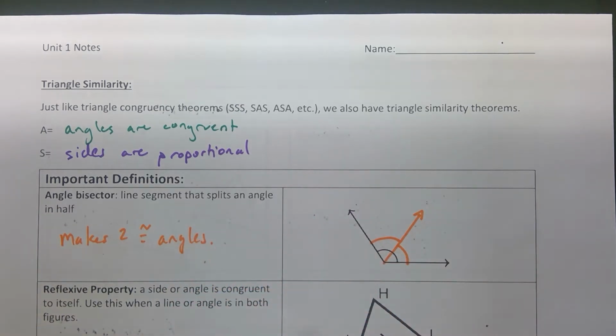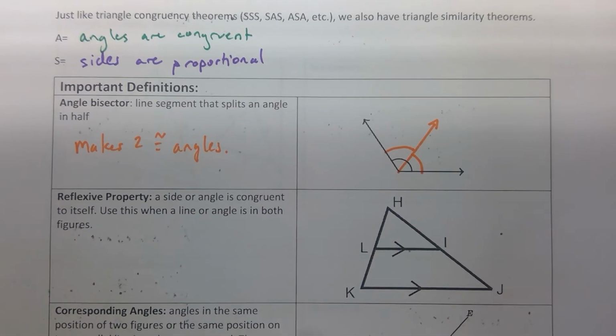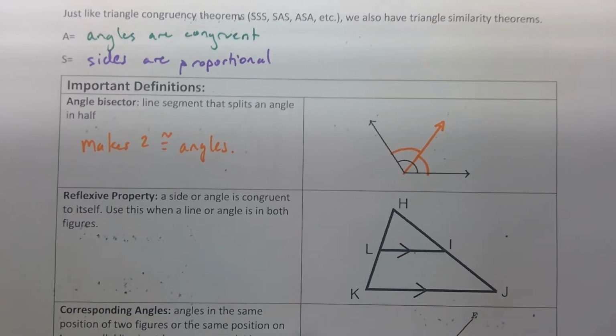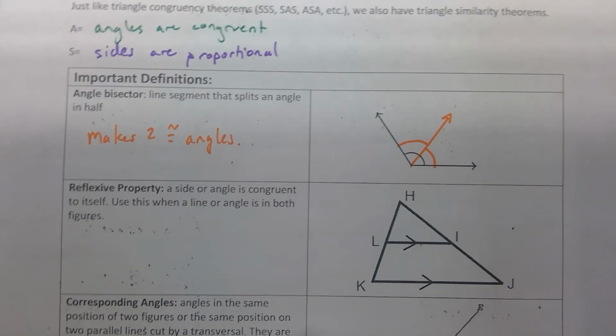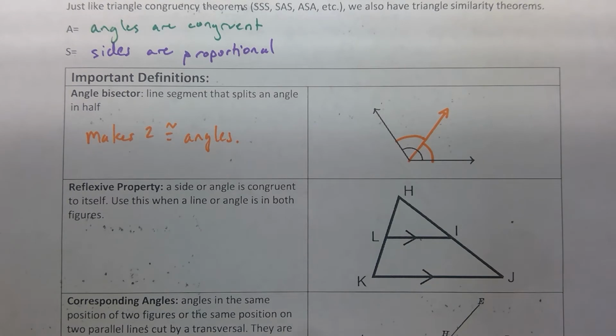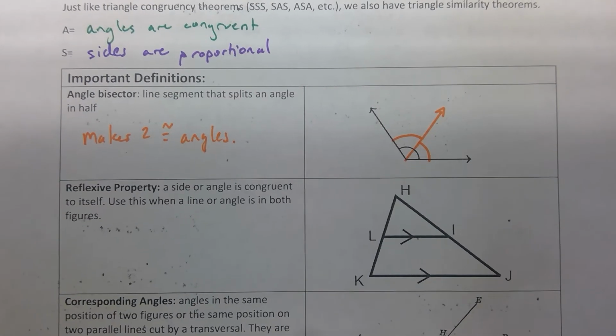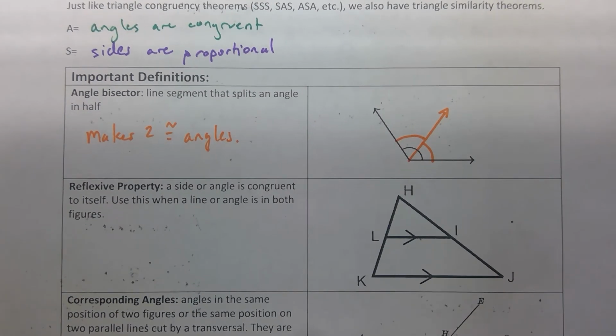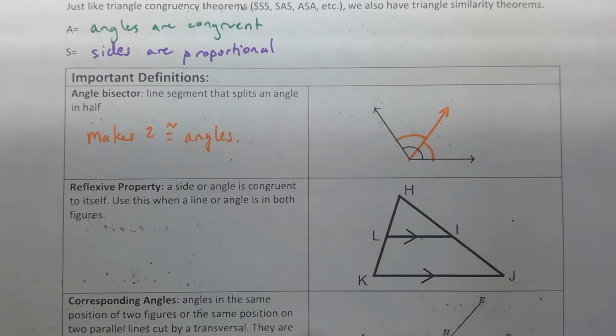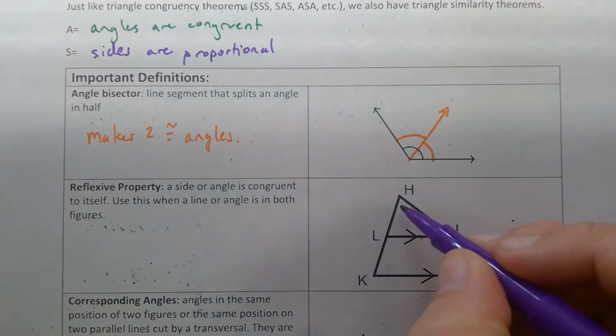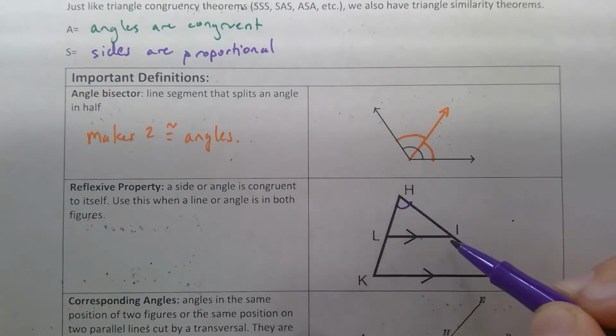The reflexive property was one of our harder properties to remember, because we would see it, but we were like, why do I have to say it there? So it's when a side or angle is congruent to itself. Okay, so in this case, I'll use a different color here. Angle H here is in the small triangle, HLI.